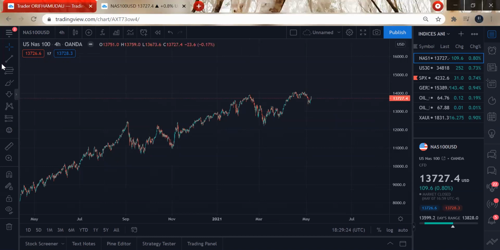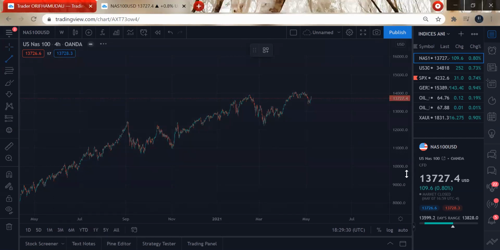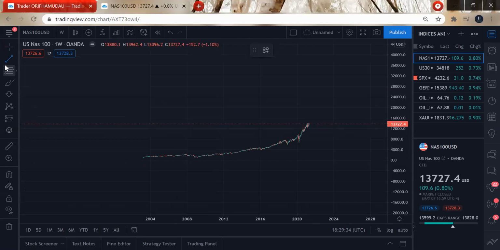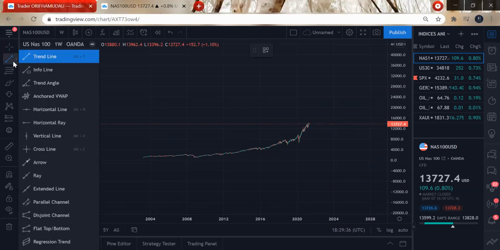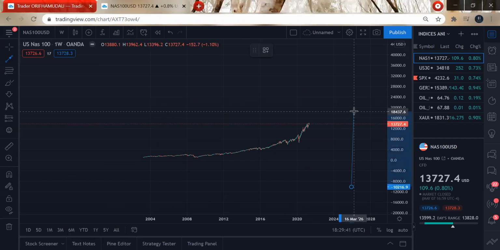So we are obviously gonna go and check the overall trend in the weekly. And then already on the weekly, we can see that the overall trend is upward, right? So, okay, sure.